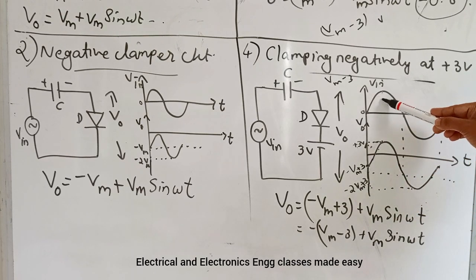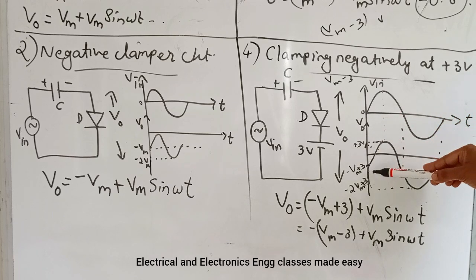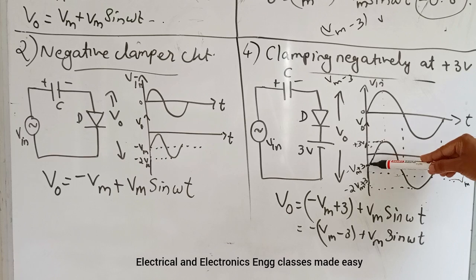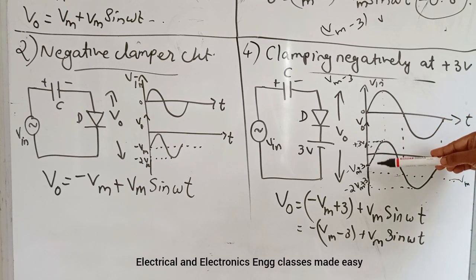So at this point it will be plus 3 volt. Then we will get a waveform like this, that is if this is the value for Vm, then the waveform is shifted plus 3 volt upward, that is it will be above this Vm point.